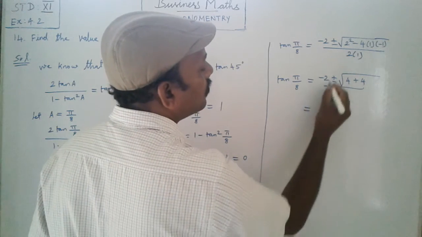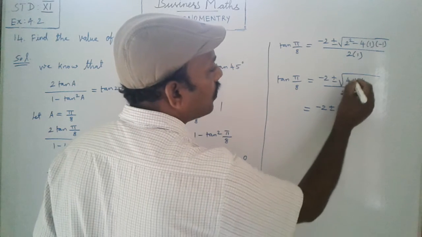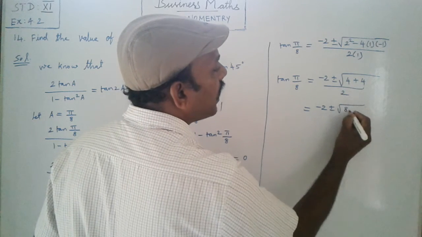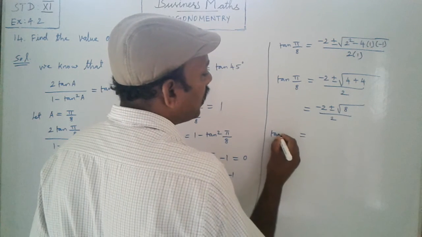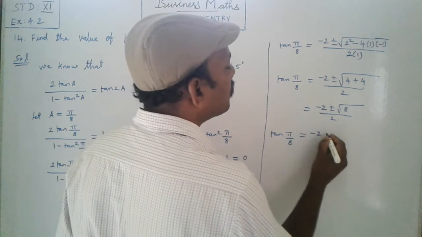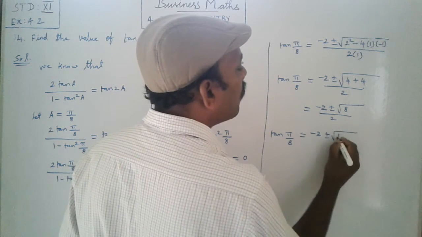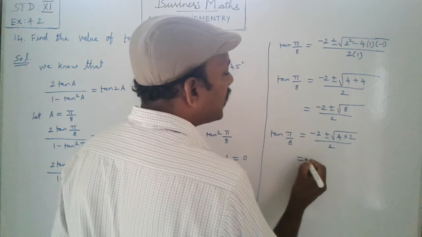It is equal to minus 2 plus or minus root of 4 plus 4 is 8, divided by 2. Tan pi by 8 equal to minus 2 plus or minus root of 4 into 2 is 8, divided by 2. Now take the square root.